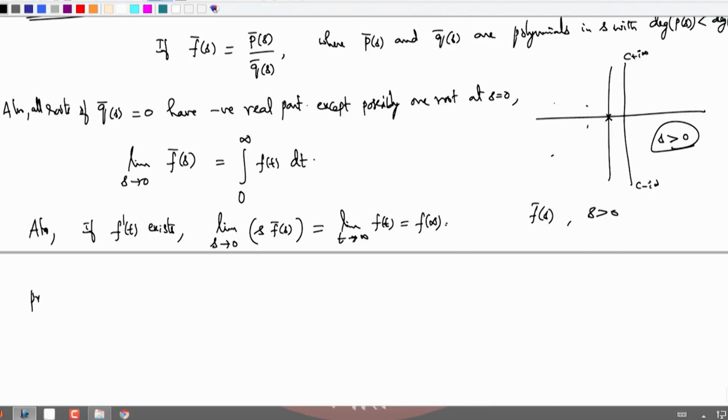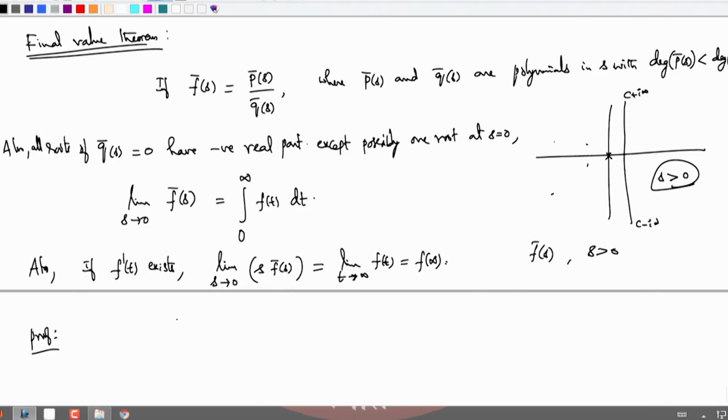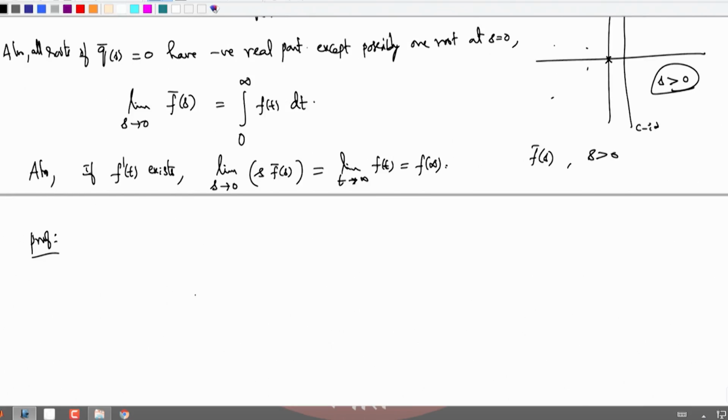The proof here also is simple, you simply write what you want. For a suitable f bar of s for which s is positive it is well defined, so that I can talk about this limit s goes to 0 of f bar of s. By definition, it is the integral of e power minus st f of t dt. Okay.